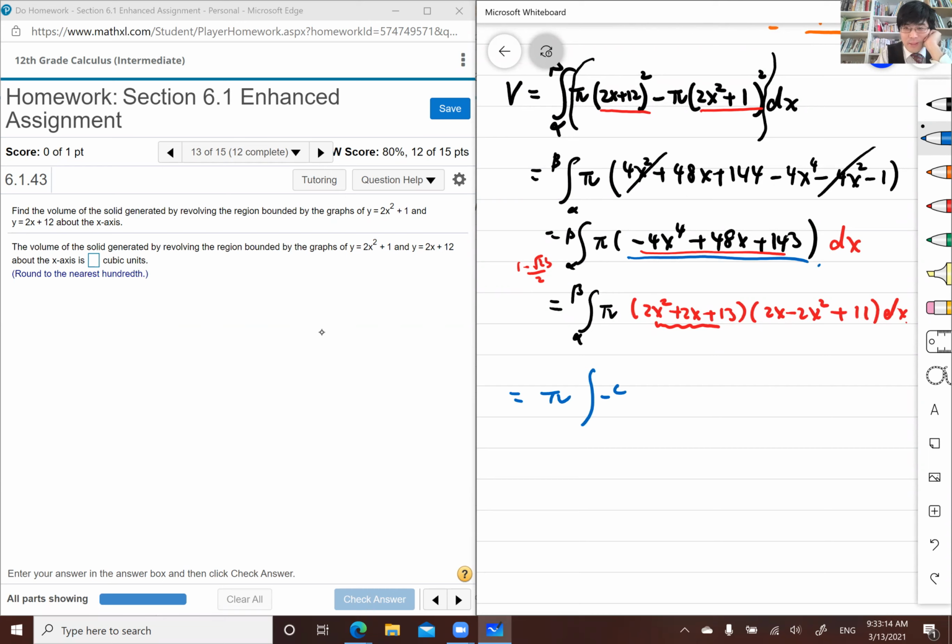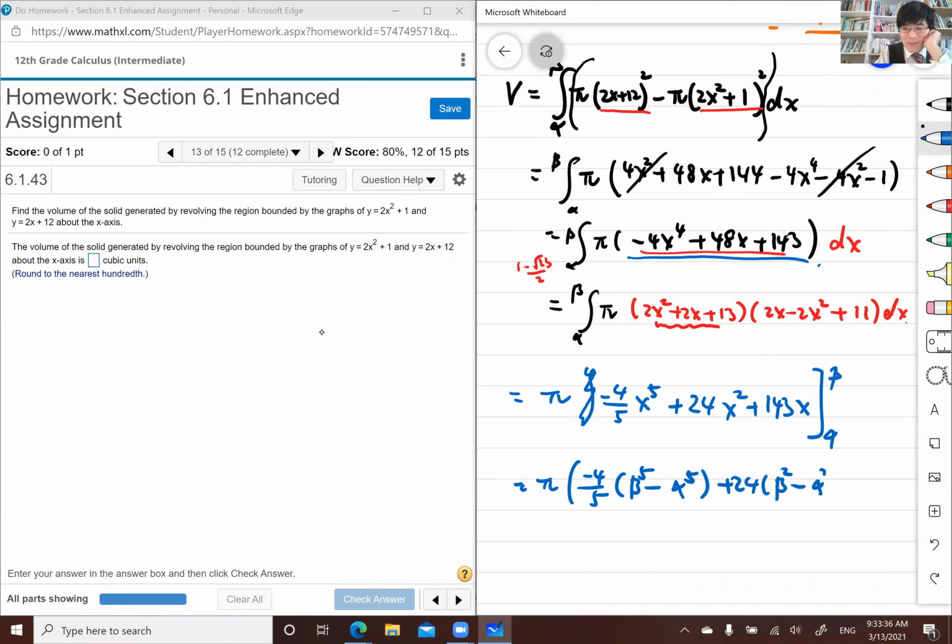So it's going to be negative 4/5 of x to the fifth plus 24x squared plus 143x, and you plug in alpha and beta. So it's going to be negative 4/5 times beta to the fifth minus alpha to the fifth, plus 24 times beta squared minus alpha squared, plus 143 times beta minus alpha.